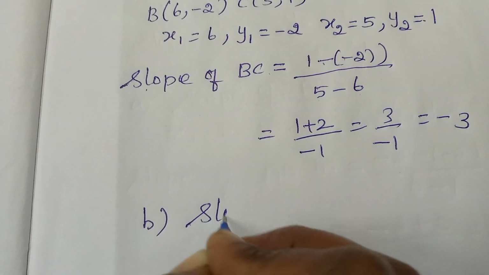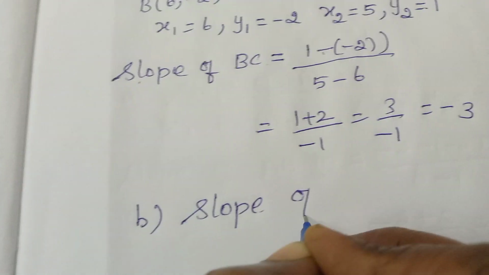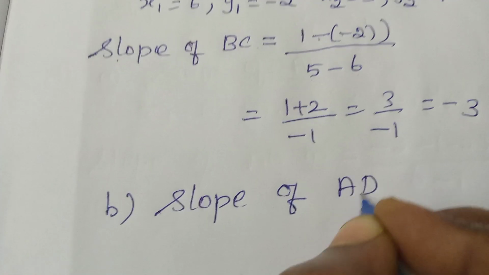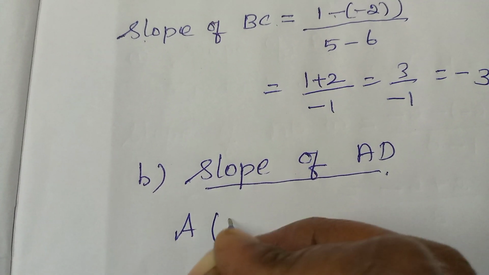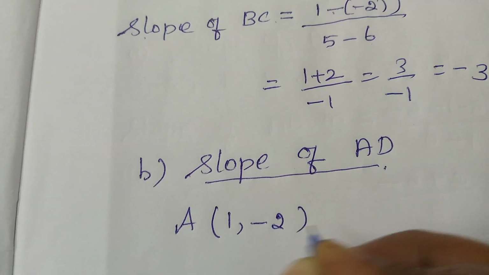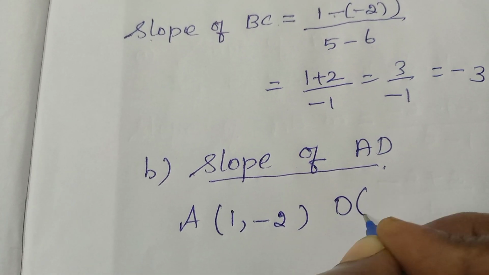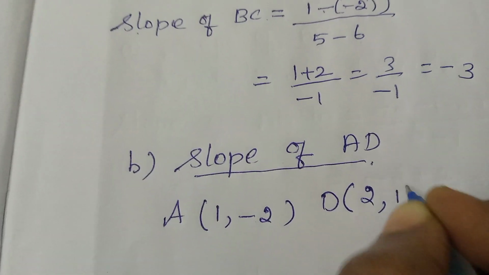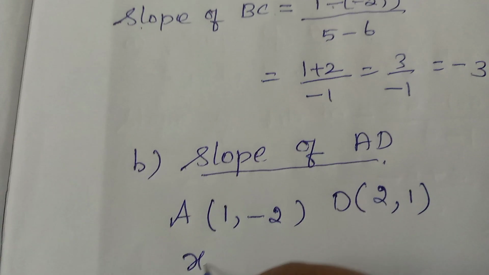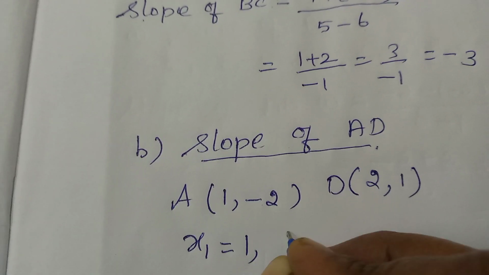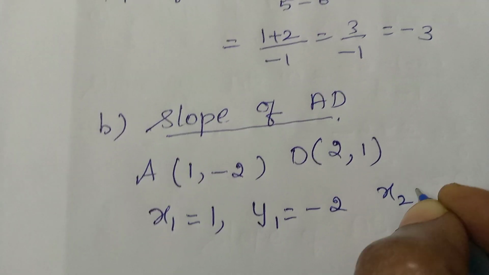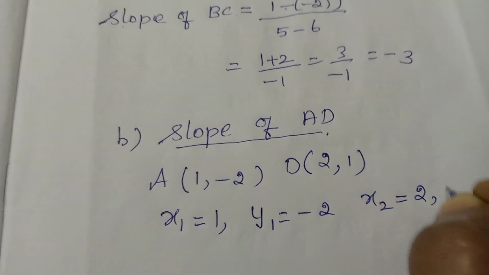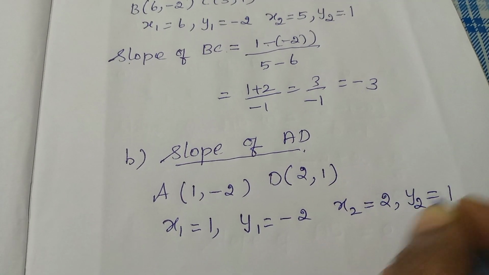Slope of AD. Here we have to use A of 1 comma minus 2 and D of 2 comma 1. Here x1 is equal to 1, y1 is equal to minus 2 and x2 is equal to 2, y2 is equal to 1.